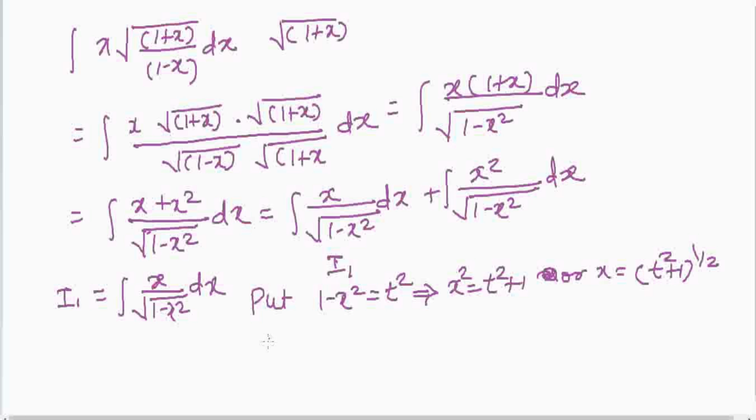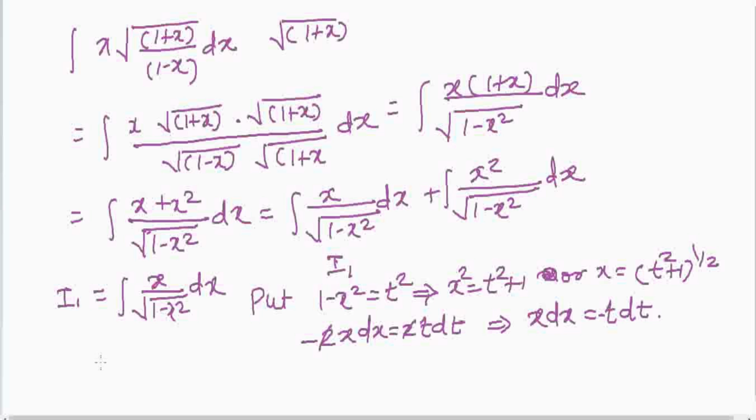Therefore here, we have substituting this term. Now minus 2x into dx equal to 2t into dt. 2 get cancel, and we have here x into dx equal to minus t into dt, right?